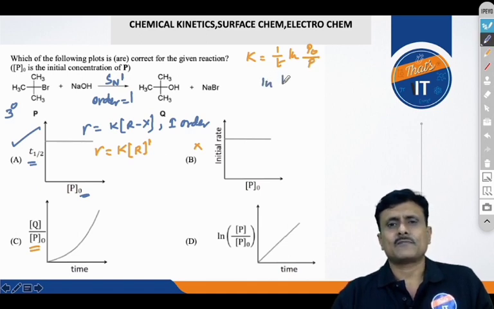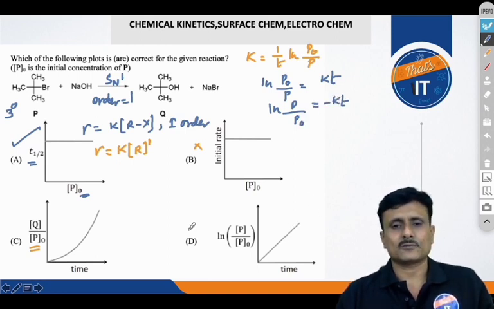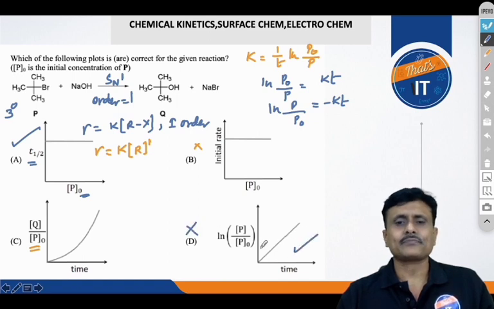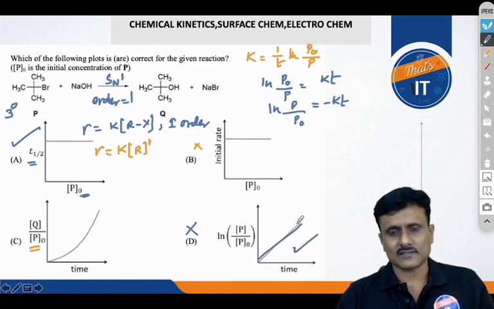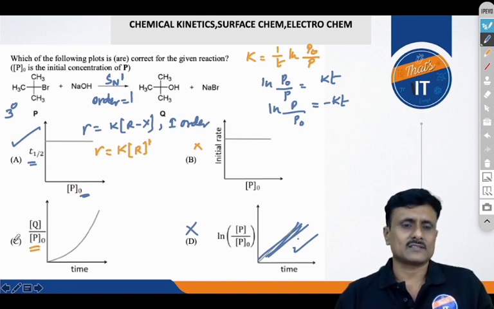So natural logarithm of P naught by P is equal to KT. Right, so natural logarithm of P by P naught equals minus KT. That means you will be getting a straight line with a negative slope. So this is ruled out, because here it is given as a positive slope. So we have ruled out these two so far, and let's check this out.